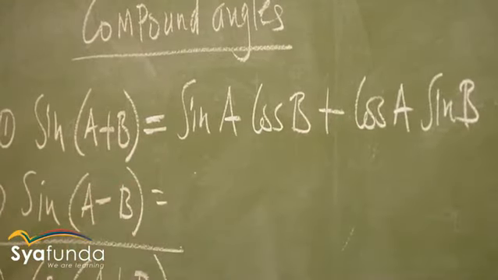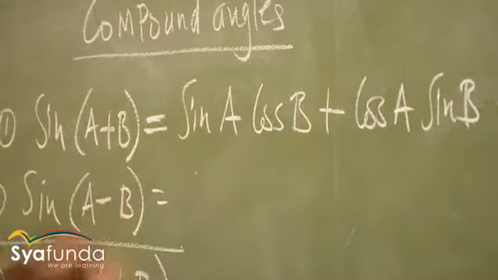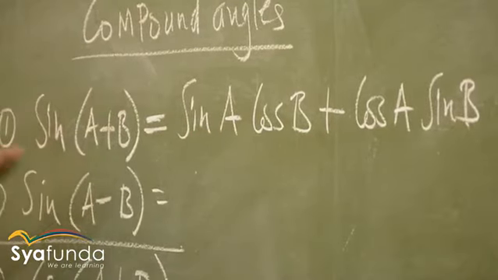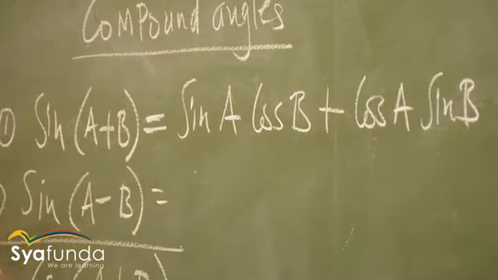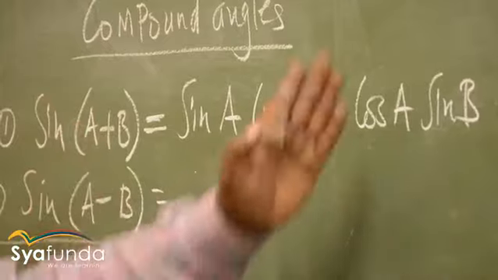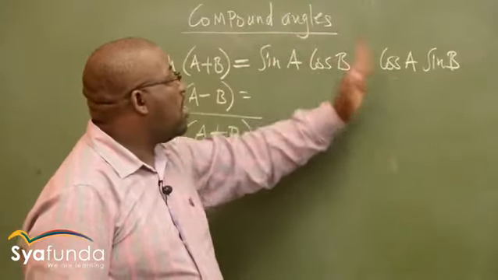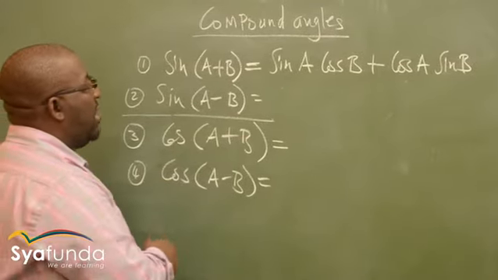That's the rhythm that we use. For sine, we use sine, cos, cos, sine. Whatever sign you had here, you keep it there. That's how you remember the sine one, but fortunately you'll be given it in the examination.